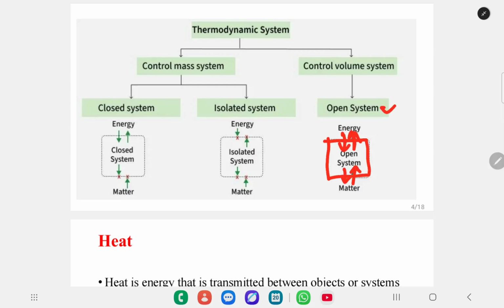In which system? In an open system. If there is an exchange of matter and energy, that system is known as an open system.